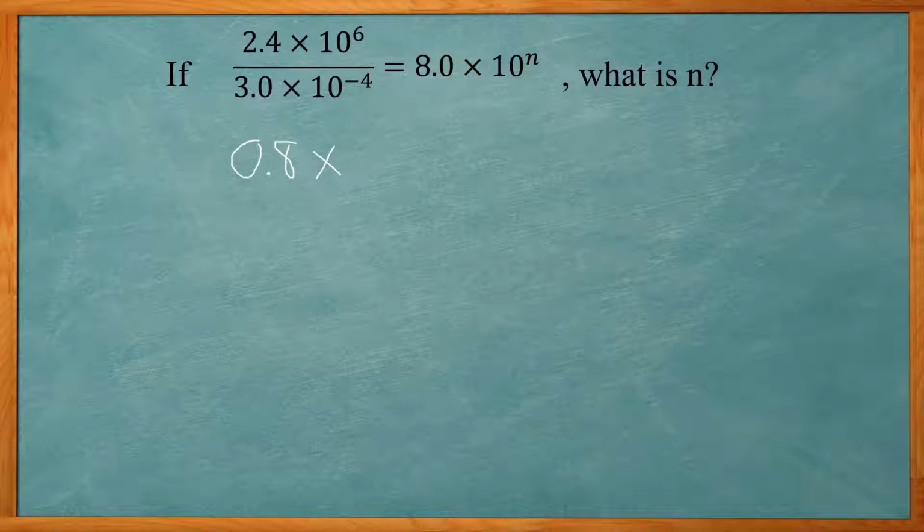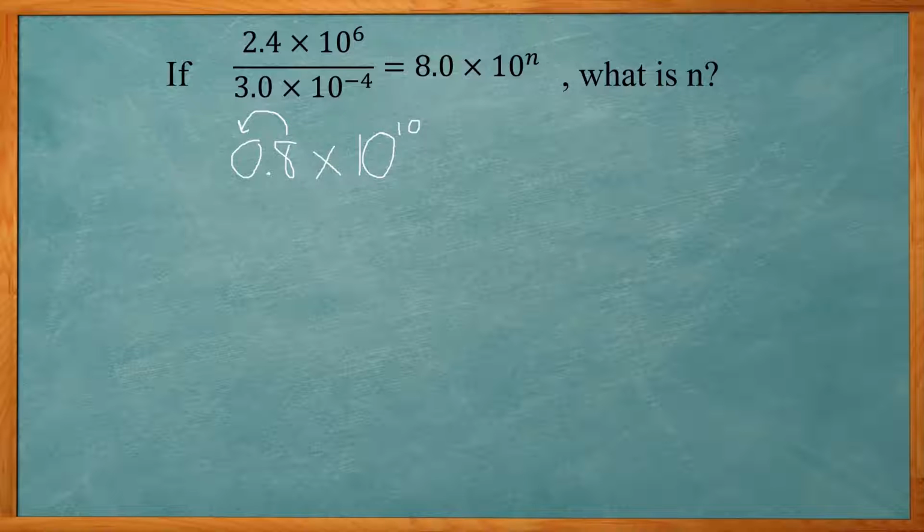So then you deal with the tens, and here you need to subtract the exponents. So you need to do 6 minus the negative 4, which will give you 10. So it's going to be 10 to the 10th power. Now for scientific notation, you really want this 8 to be out front. You want 8.0 times 10 to some power.